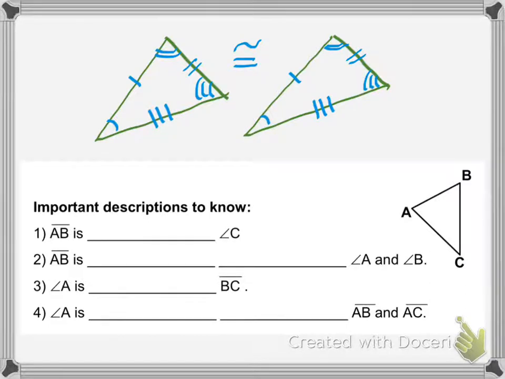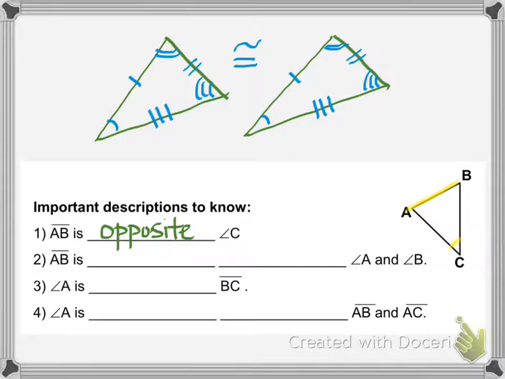So if we look at this picture over to the right, triangle ABC, AB has a relationship with angle C, right? We've talked about that before when we were talking about the triangle stuff last unit, but they are across from each other, or what we say it is opposite the other. Opposite.